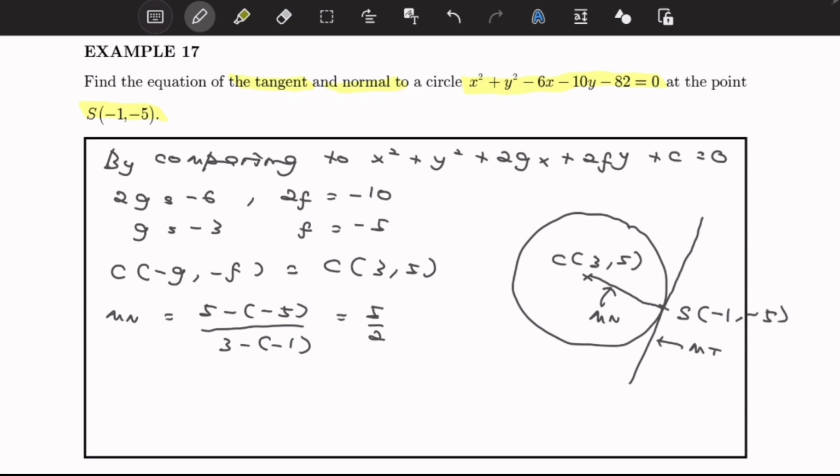There are two points, the center and the point S. We can use either of them to find the equation of the normal.